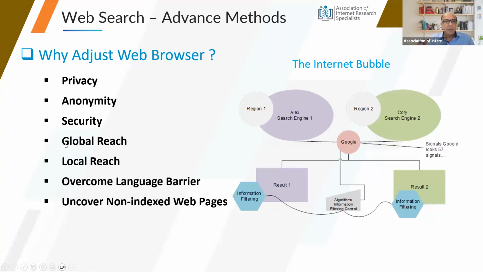There is a security part, global reach, which is selection of language, selection of geographic area, local reach. It would give you options to see if you want to make it truly localized, or the specific area where you want your searches to pertain to or relate to, especially if it is between countries. The language barriers, like if I want something in some other languages, I can do those changes.